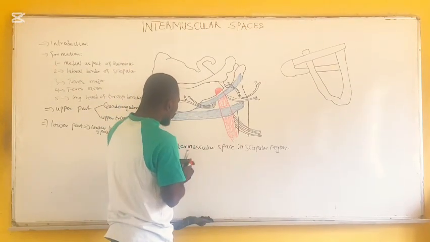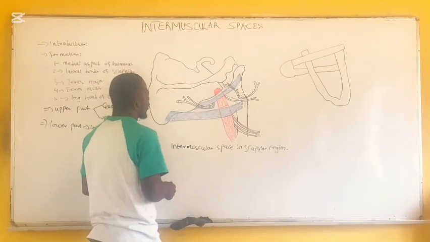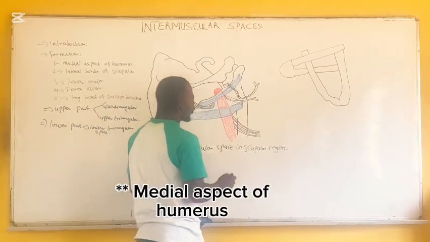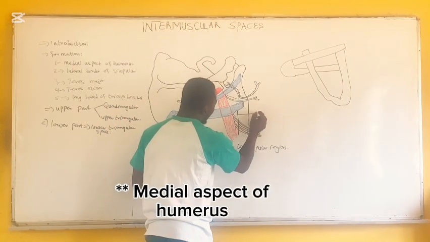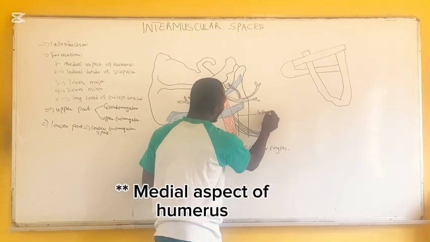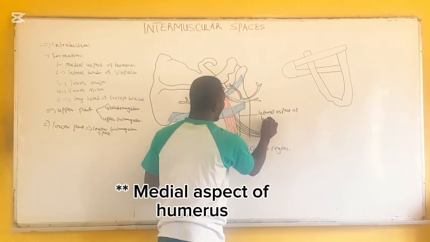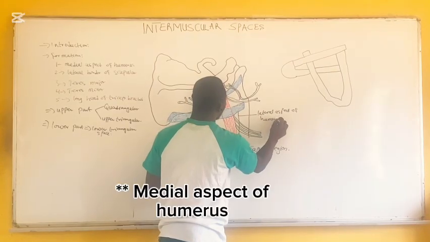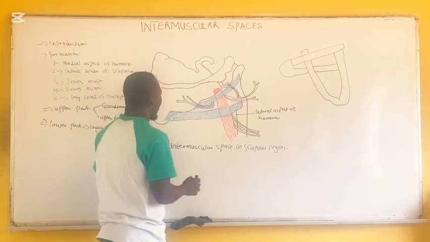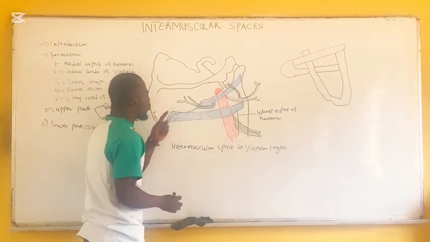We said that the intermuscular spaces are formed by the lateral aspect of the humerus. This is the lateral aspect of the humerus. They are also formed by teres minor and teres major muscle.